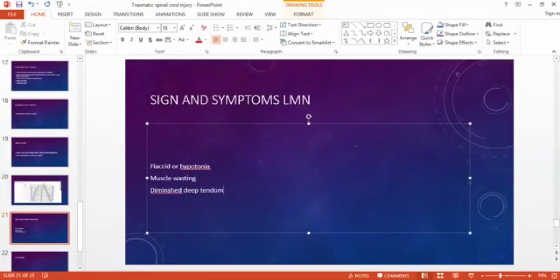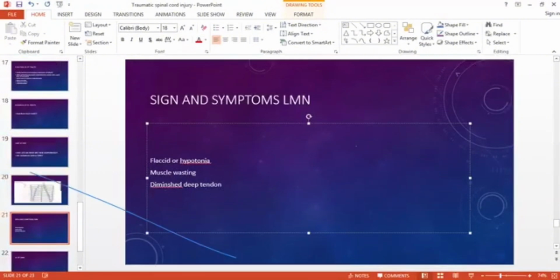And what about the superficial reflexes? Will they be diminished or absent or normal? Any idea?